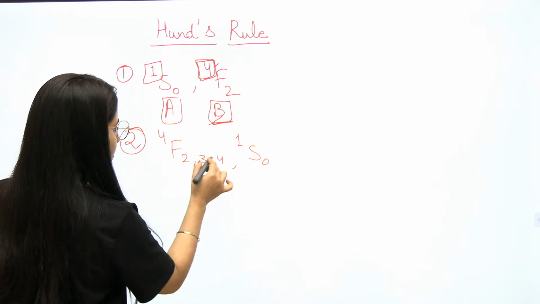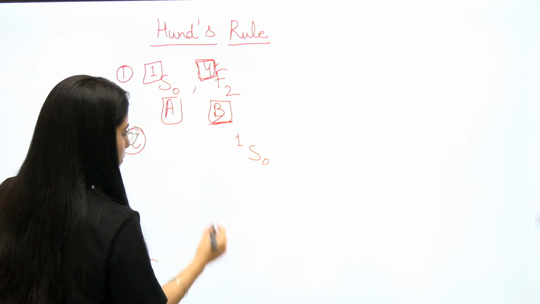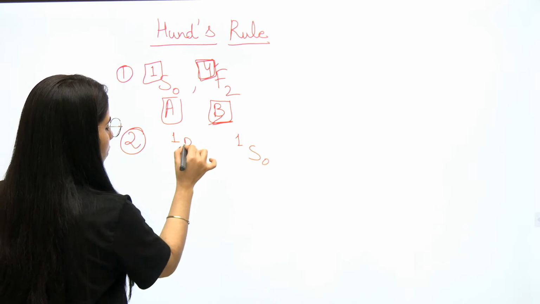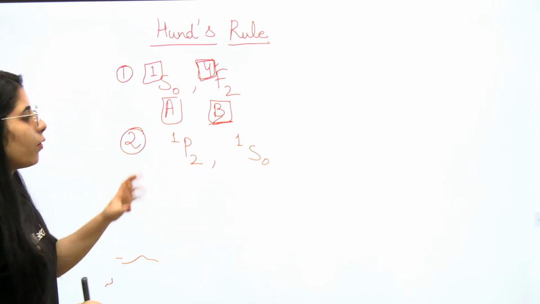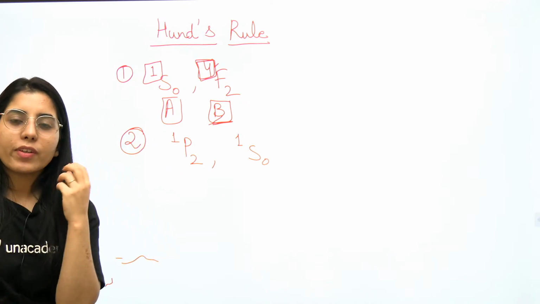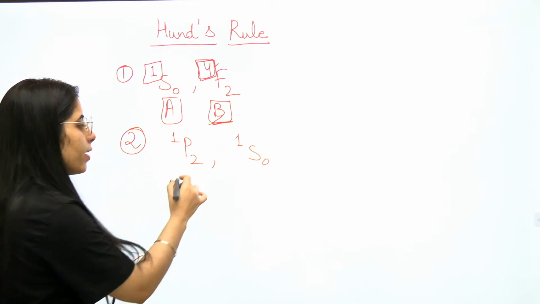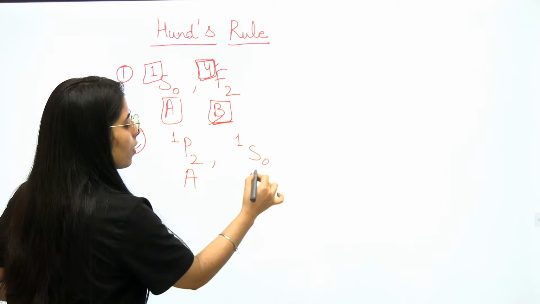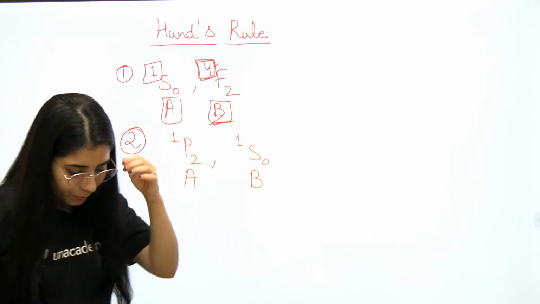Or you can say if these two terms you are having, clear? Now the multiplicity is same. I have taken a random example right now. So let me know now in the second case, which one will have the lowest energy, A or B?